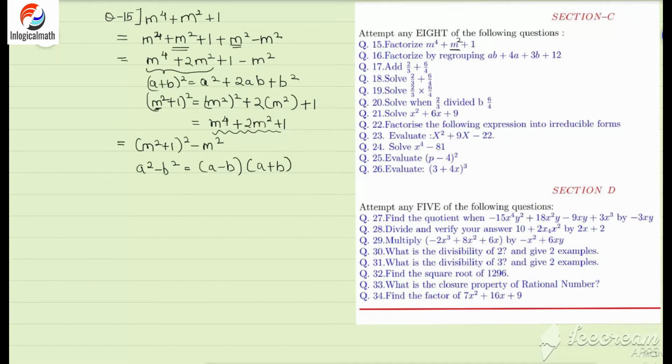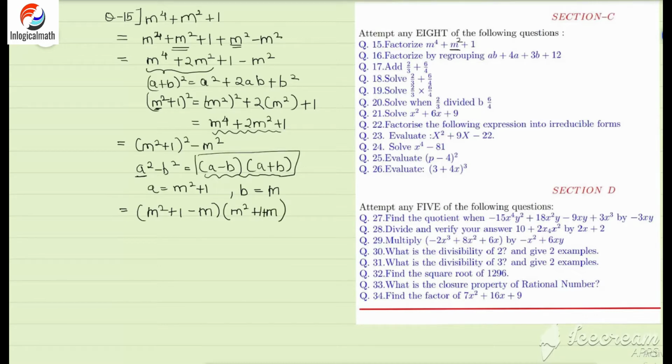Here a equals m square plus 1 and b is m, not 1. Putting this in the formula, we get (m square plus 1 minus m) in one bracket and (m square plus 1 plus m) in another bracket.